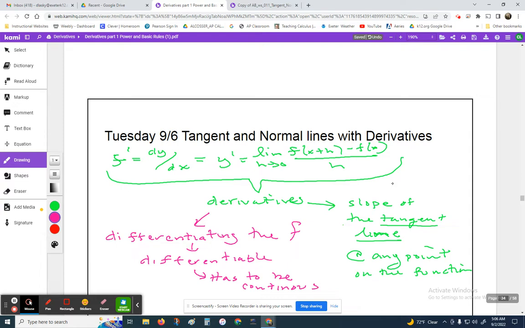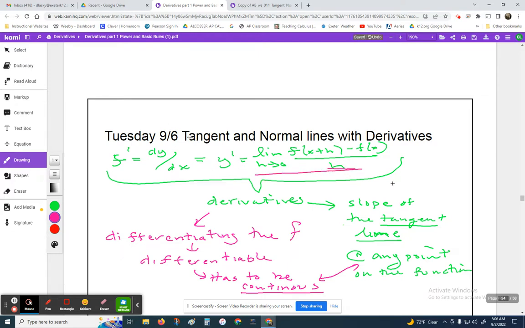Okay? So it has to be continuous on that specific point. So all of a sudden now we talked about limits earlier, we talked about continuity, we've talked about limits here.